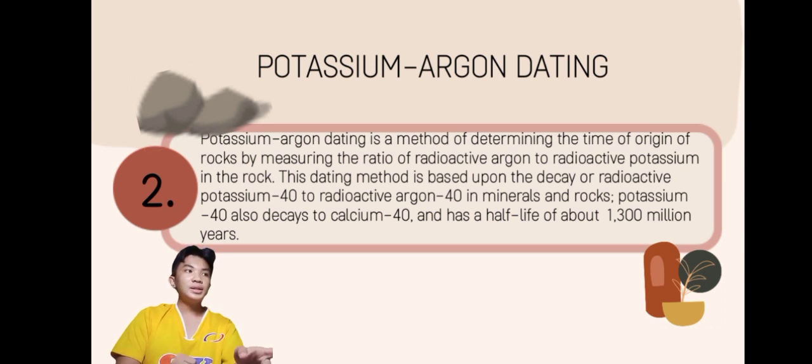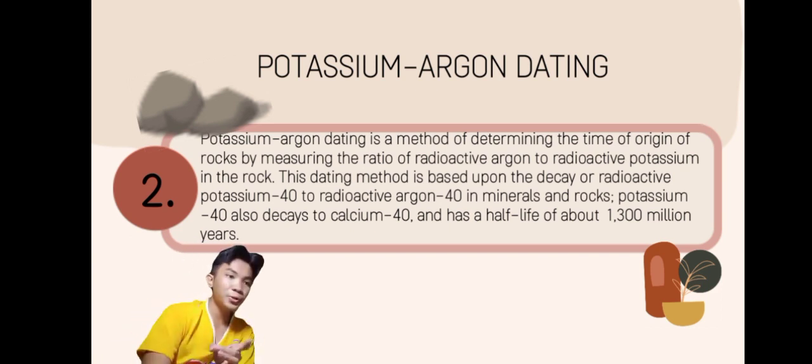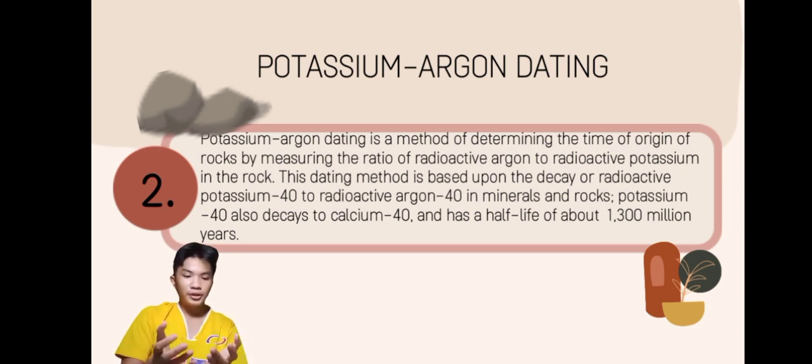So basically, argon comes from the decay of potassium, and then that argon gas is stored inside the rock and resides there, and as time goes by, there is more argon in a rock than potassium.